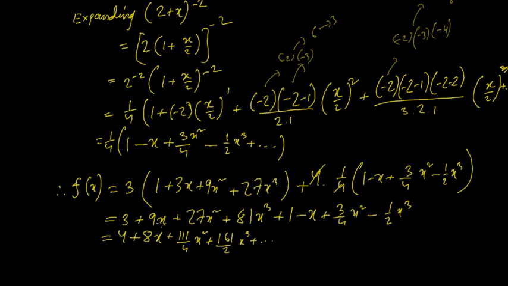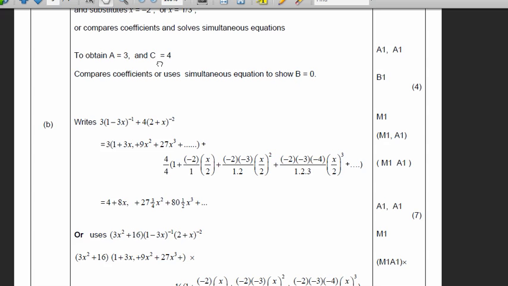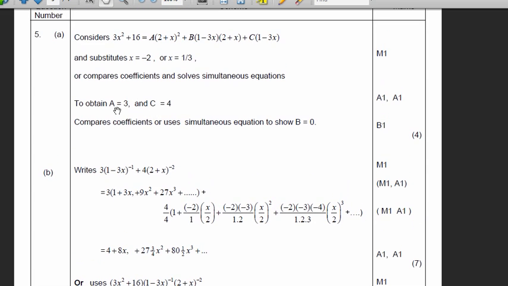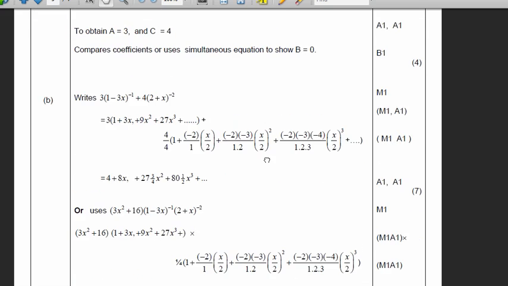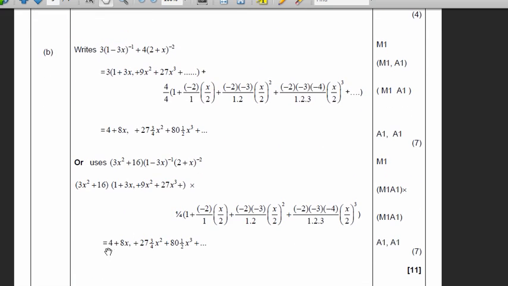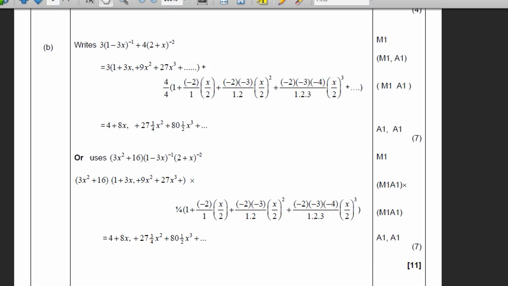So that's the expansion. So the values are A equals 3, C equals 4, B equals 0, that is correct. Then the answer is 4 plus 8x plus 111 by 4 x squared plus 161 by 2 x cubed, this is also correct.